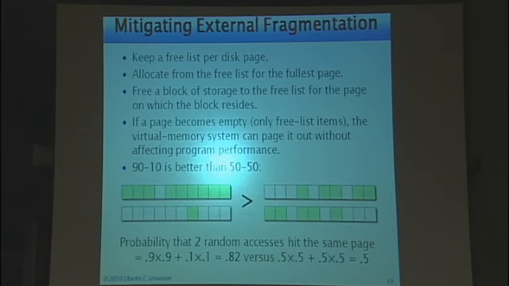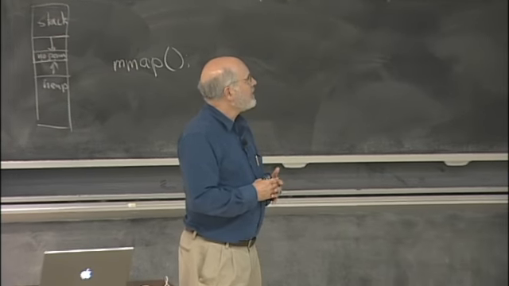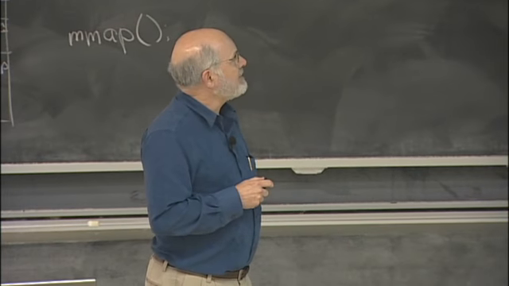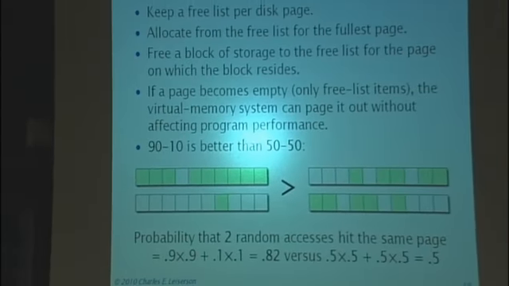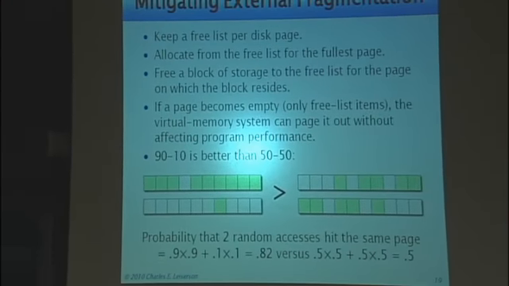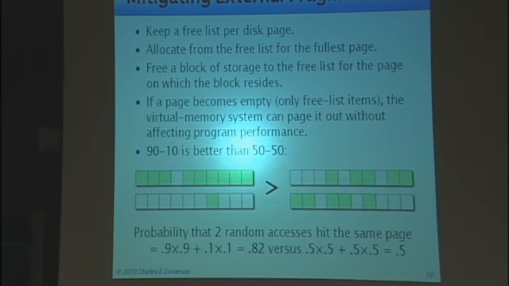As configured right now, we're using 4K, which leads to some strange anomalies where the TLB can address less stuff than the L3 cache, but so be it. So basically, the idea is to keep a free list per disk page, and always allocate from the free list for the page that's fullest, the page that you've allocated the most stuff from, rather than a page that's less full.